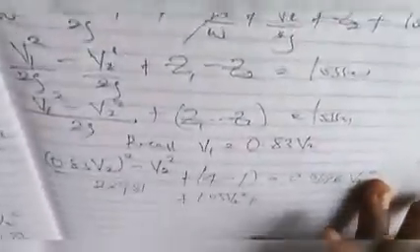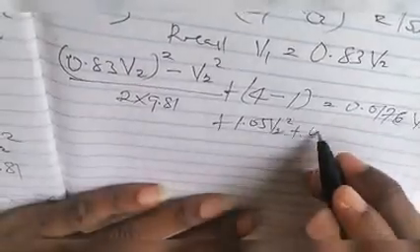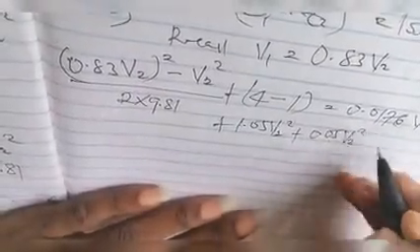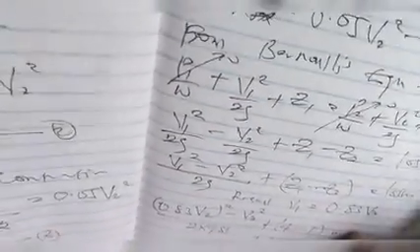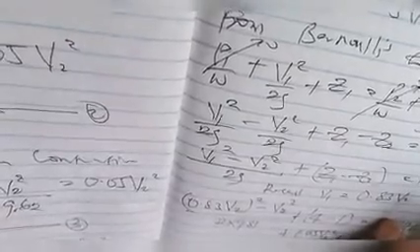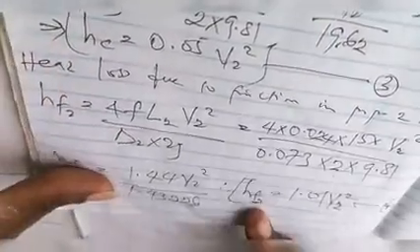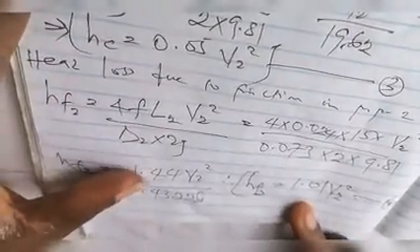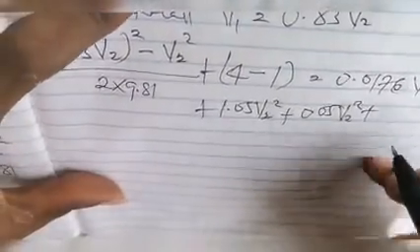We'll also add it up, plus 0.05 V2 squared, plus next is head loss due to friction in pipe 2, and we had it here to be 1.01 V2 squared, so plus 1.01 V2 squared.